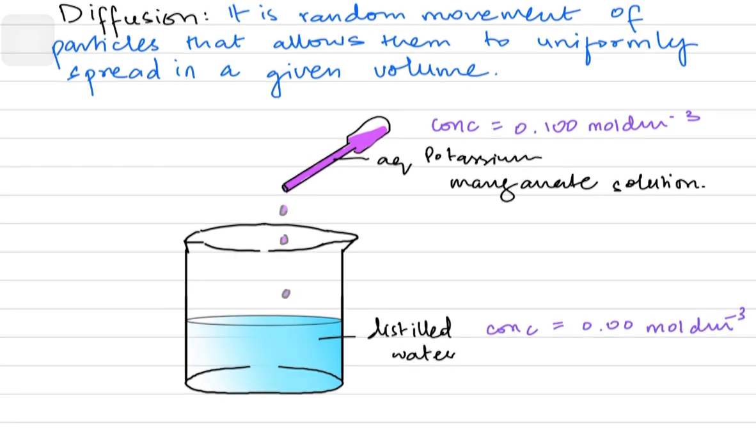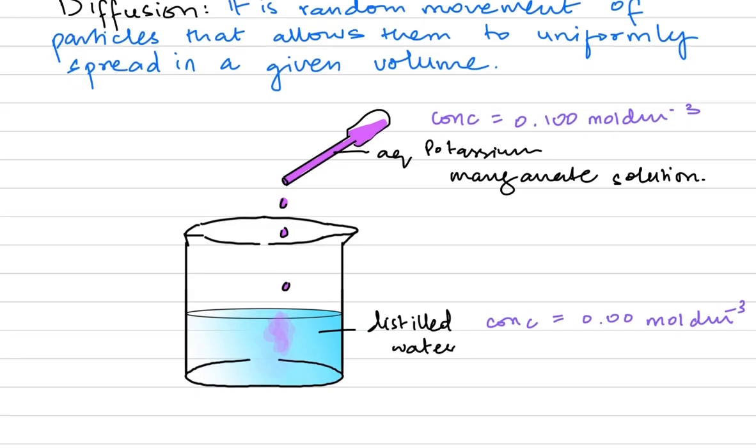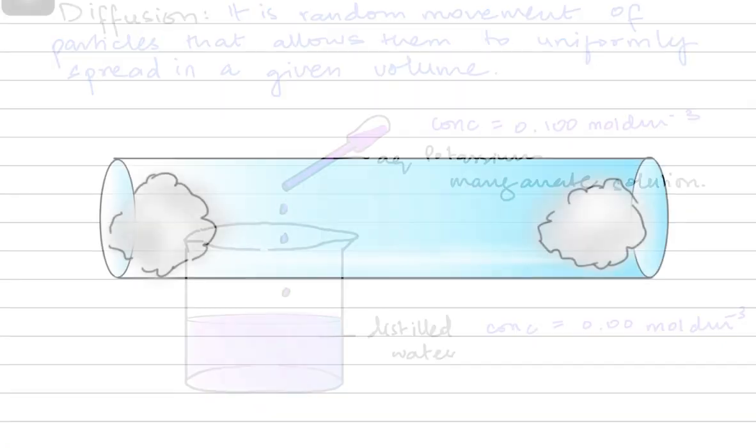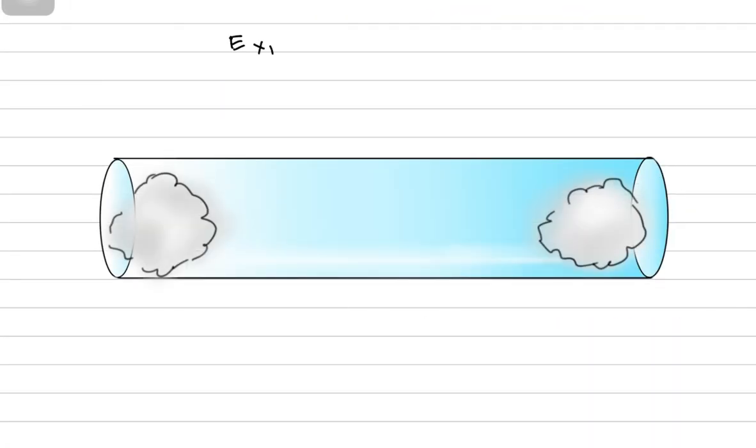Now if I add potassium manganate drop by drop, those drops will uniformly spread themselves in the whole mixture. That is diffusion. First, let's study an experiment to understand diffusion and the role of molecular masses.